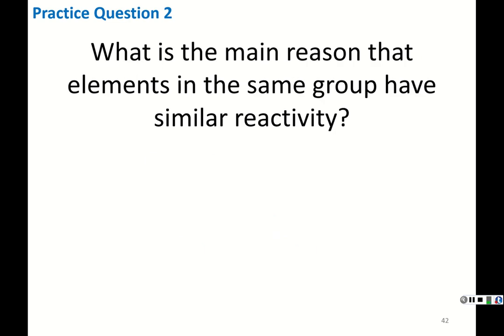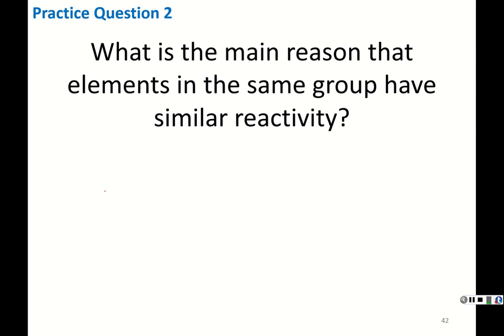And then finally, what is the main reason that elements in the same group have similar reactivity? Hopefully this is the question that everyone could answer. Why do elements in the same group or column have similar reactivity?